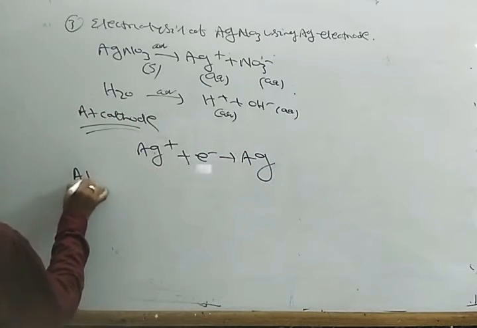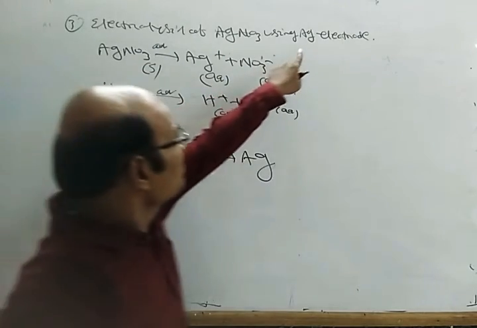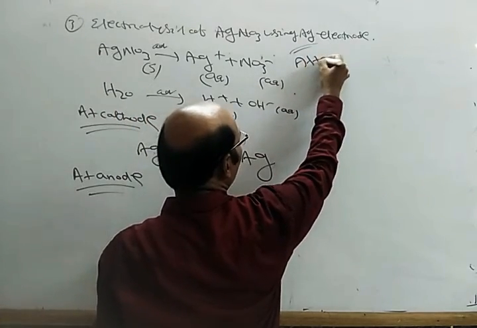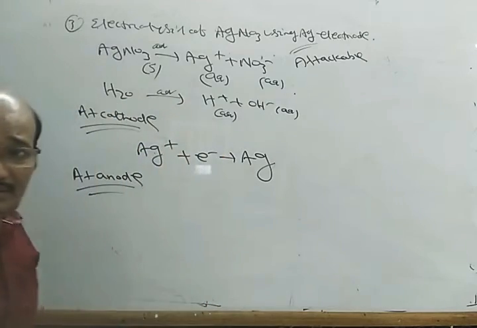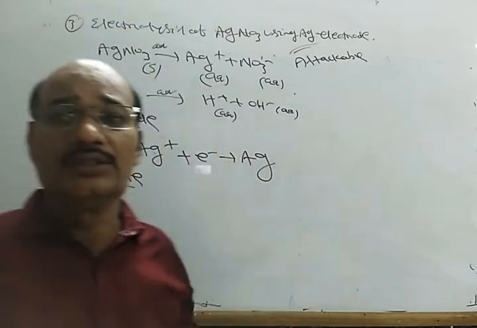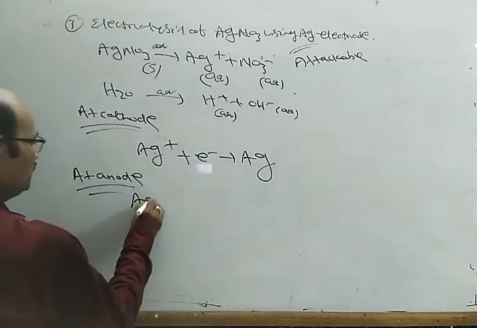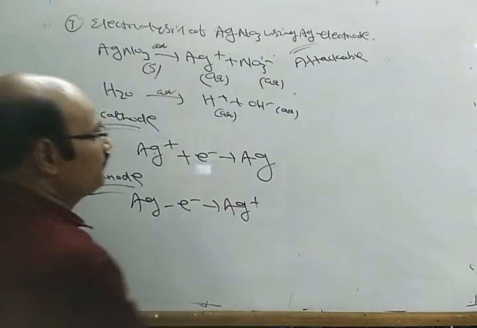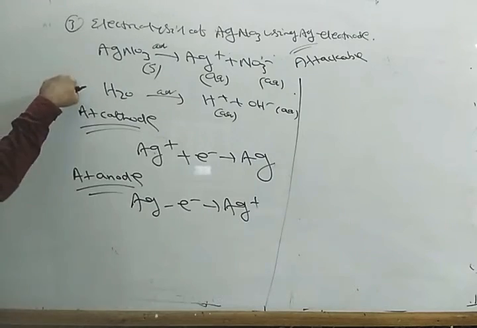Now at the anode, because we have the silver electrode, which is attackable, the anion will not migrate towards the anode. The anode itself undergoes oxidation. What happens? Ag minus electron gives Ag+.